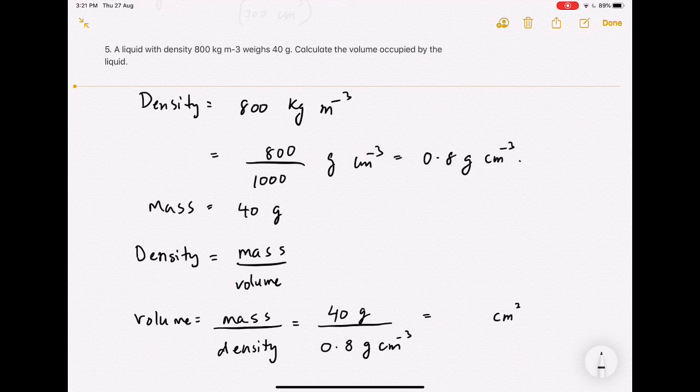And 40 by 0.8, if I calculate, this will be 8, 5s are 40, so 5 divided by 0.1. If I multiply 10 on both numerator and denominator, I have 50 by 1, which is 50 centimeter cube. So the volume occupied is 50 centimeter cube.